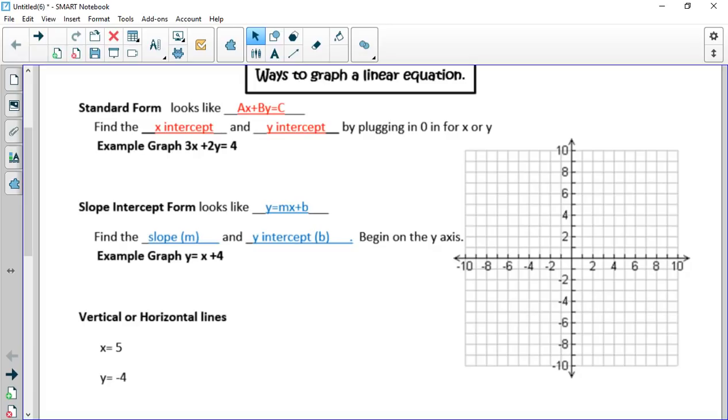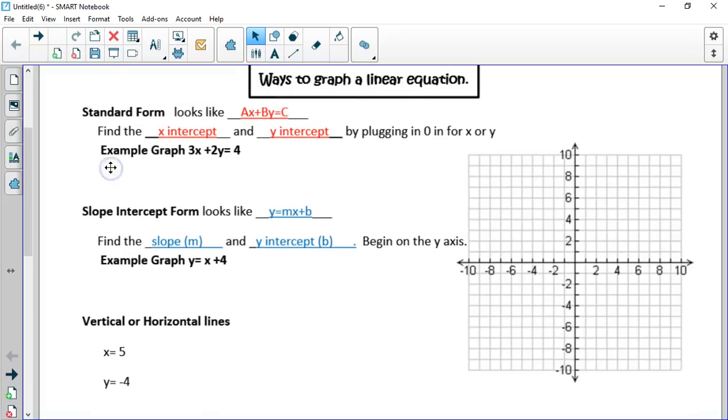Now, to graph it, we're going to find the x-intercept and the y-intercept by plugging in 0 for x or for y. We're actually going to do it for both, but you only plug it in one at a time. So, if I plug in a 0 for x, that's going to give me 3 times 0, which basically goes away, plus 2y equals 4.